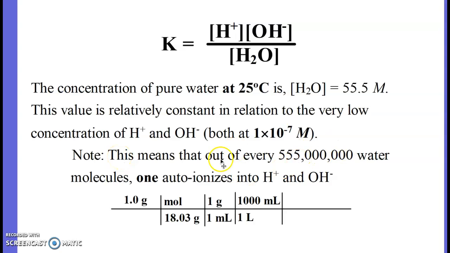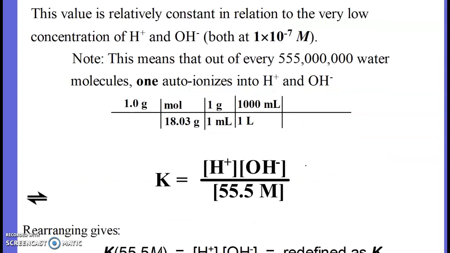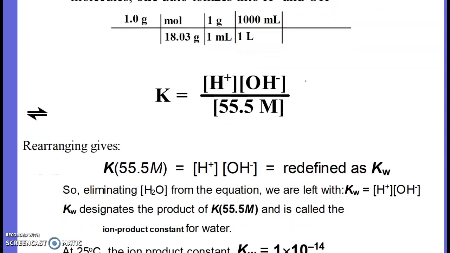What it turns out is that with this many water molecules in 1 liter, one water molecule will dissociate, which means in a liter, this is the concentration. Essentially, this 55.5 would be the K, this concentration on the bottom, and this is the rate that it dissociates.